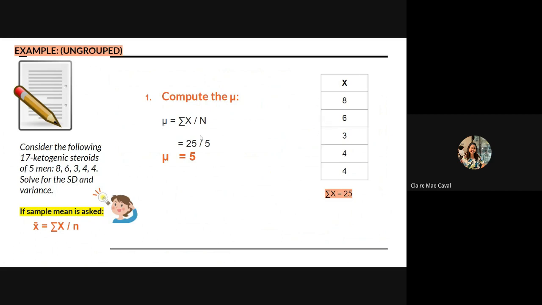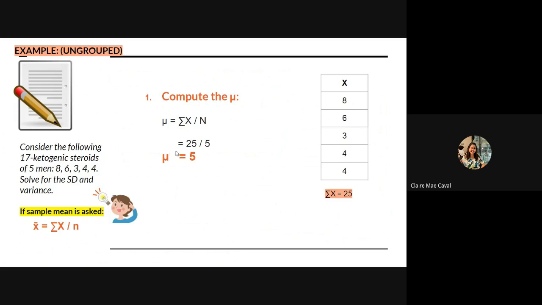So how do you compute the mean? Population mean is equal to the summation of x divided by capital N. Capital N, that's your population size, that is 5. And yung summation of x, you just add all the values of each observation. Ito, 8 plus 6 plus 3 plus 4 plus 4, that's equal to 25.